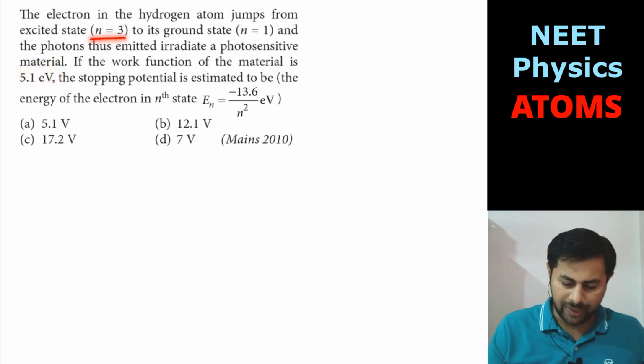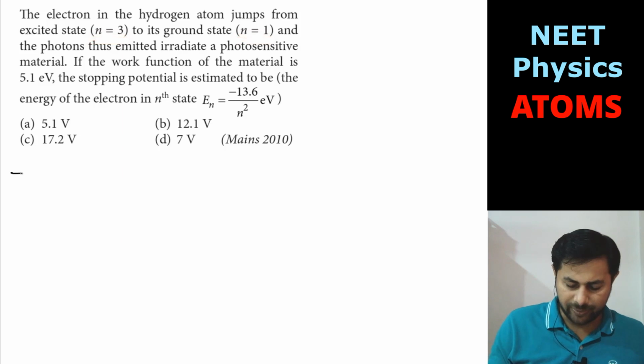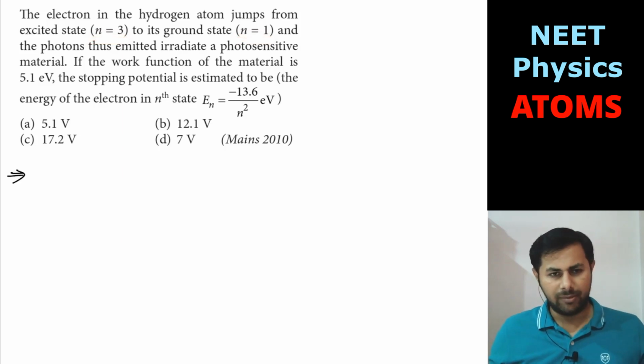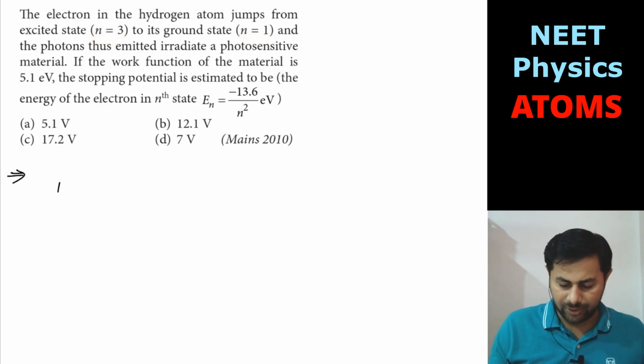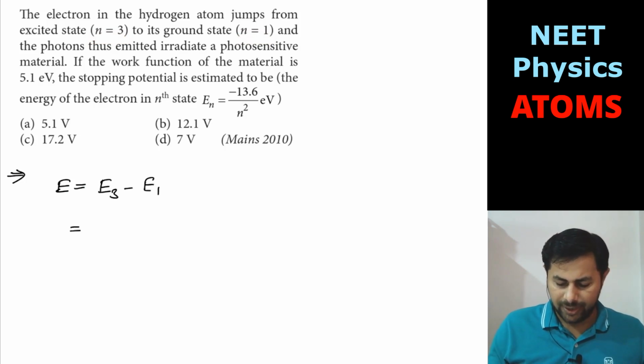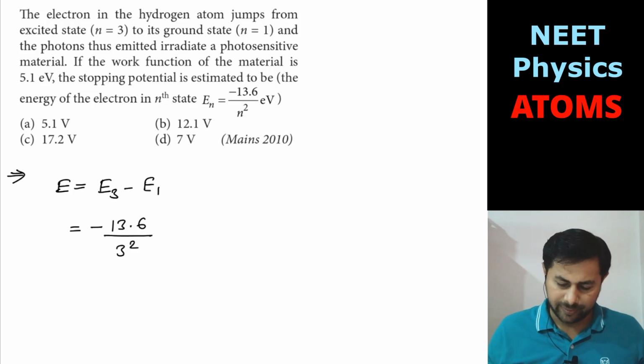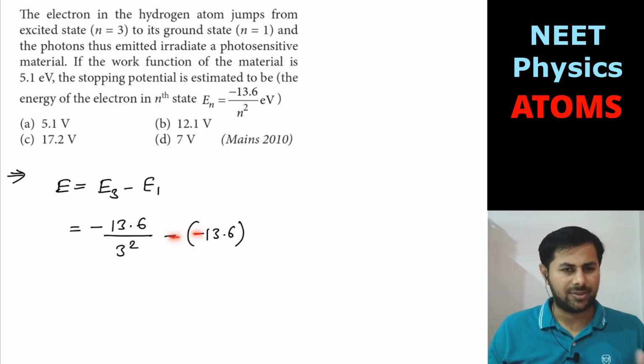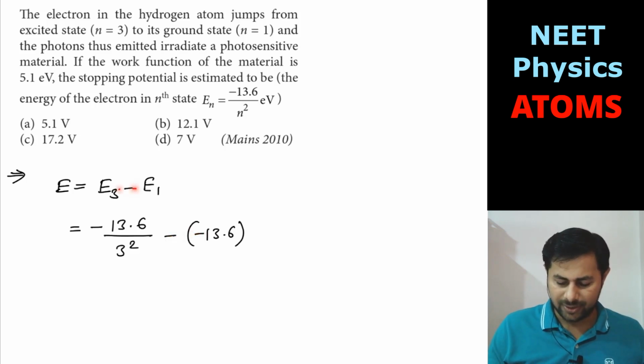So it jumps from n equal to 3 to n equal to 1. Just find out the energy of the emitted photon. The energy of emitted photon would be equal to E3 minus E1, and that is minus 13.6 divided by 3 square, this is E3, minus of minus 13.6. Here we need to be careful: this is minus of minus, so we shouldn't write minus directly.